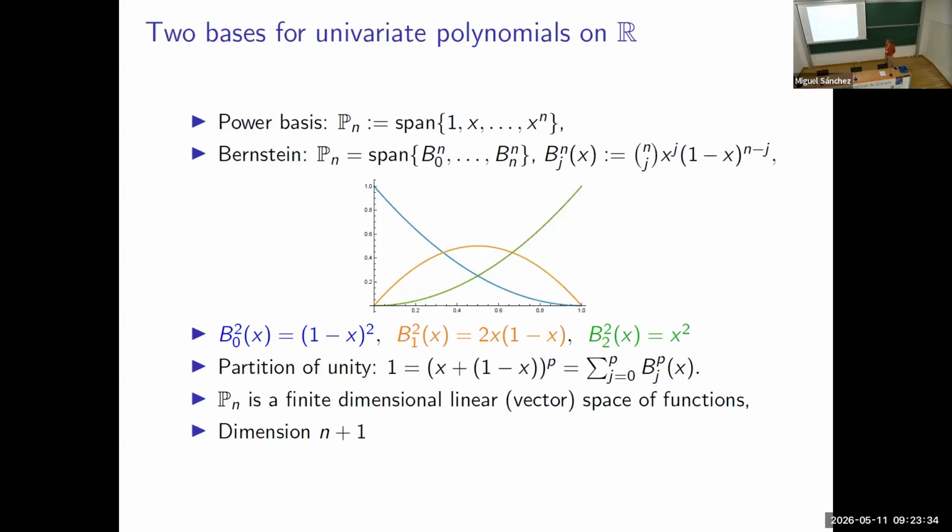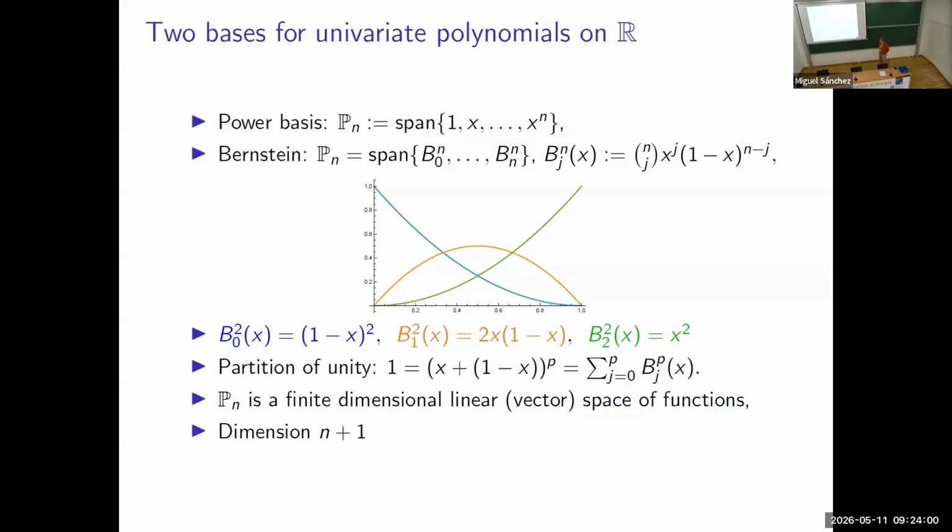For some of you who maybe haven't seen it before, it's about time. In the quadratic case, you have B0, (1-x) squared, B1, 2x(1-x), and B2, x squared. And this basis is nice. It's positive on the interval [0,1], and it forms a partition of unity. I mean, it sums to 1.